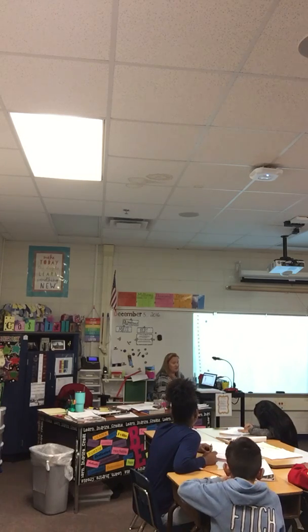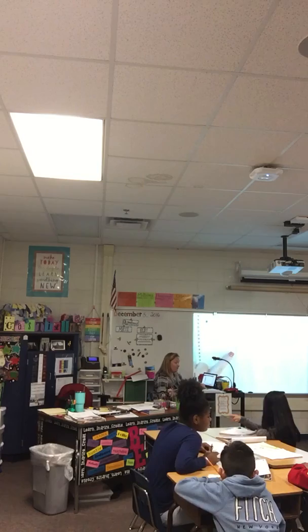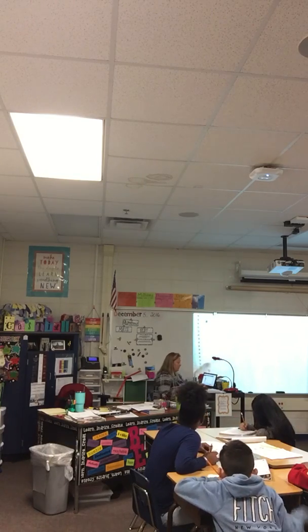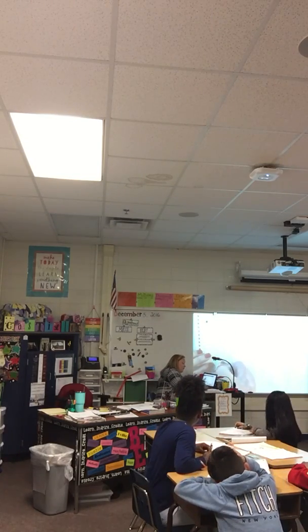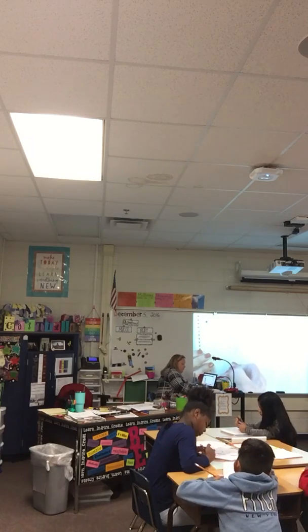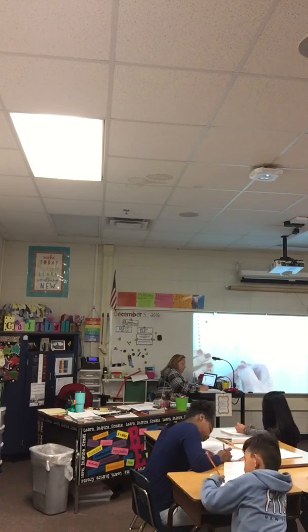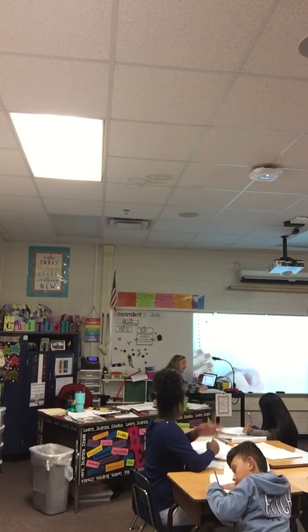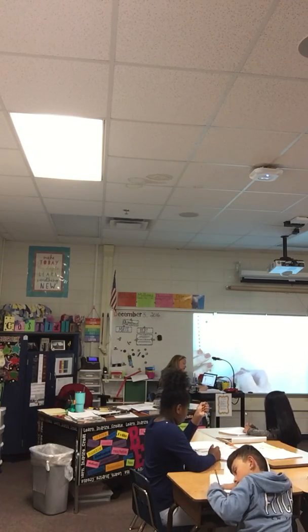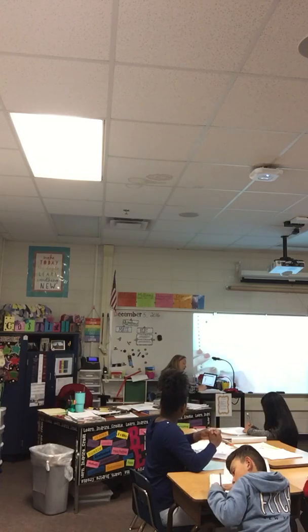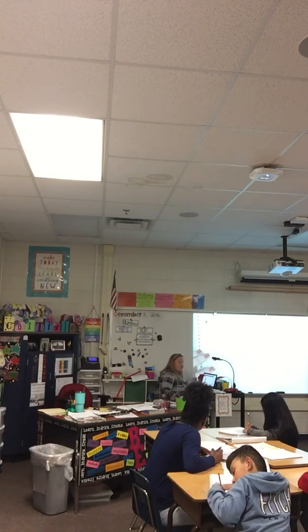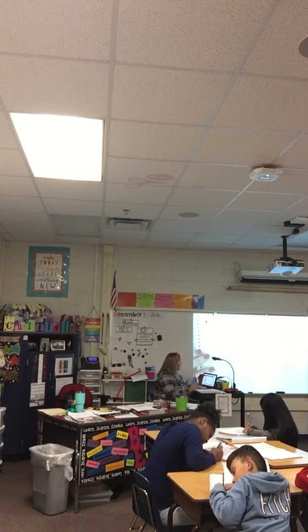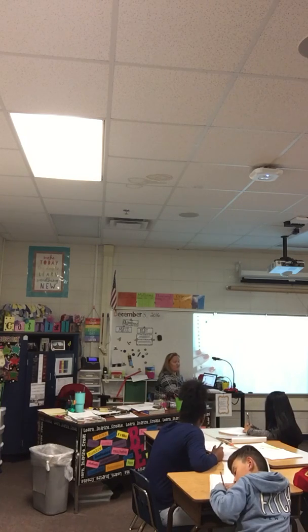You're making a list of those multiples. So for 5, you're listing 5, 10, 15, 20, 25, 30, 35, 40, 45, and I'm going to stop there. So these are all of my multiples of 5.